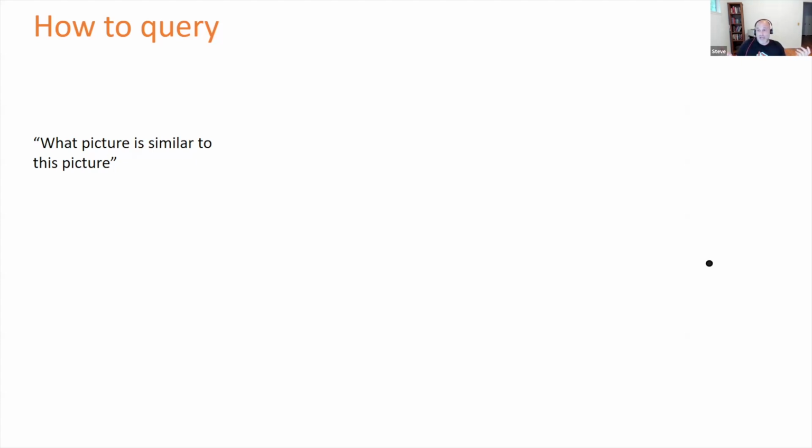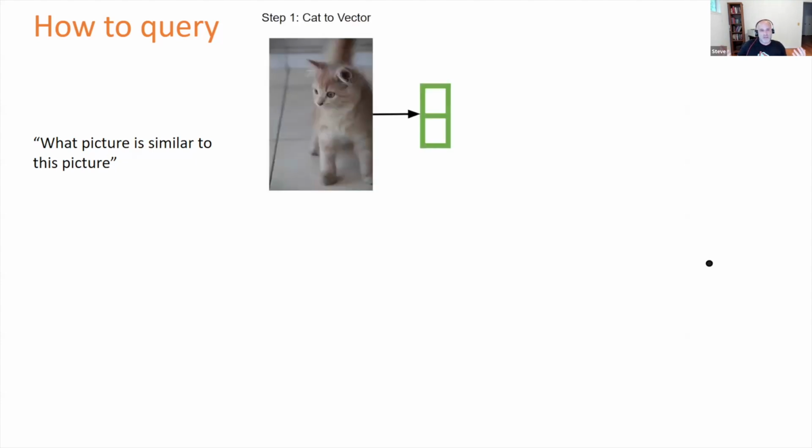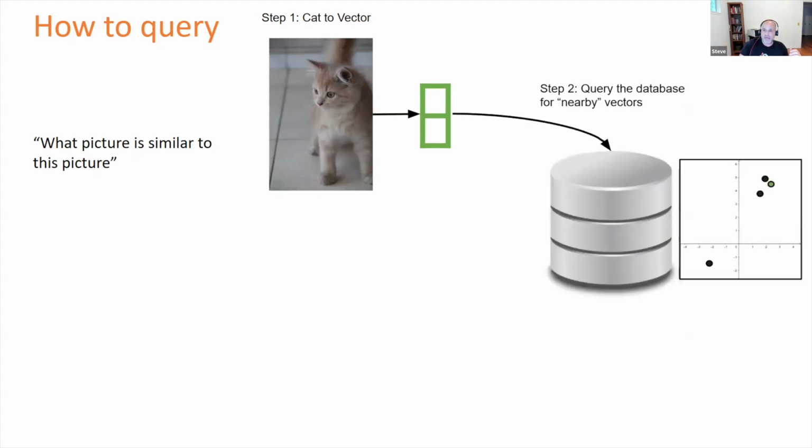So the question we're going to ask is what picture is similar to this picture? We get this picture that comes in, another great little kitten, right? And we give this to the database and we say, hey, here's the 2-dimensional embedding that we embedded it to. We say, what's close, what's similar to this 2-dimensional vector of this kitten? And if our model has done a good job of embedding, the green dot is our new kitten, and these are our 2 kittens before, and this is our dog, right?